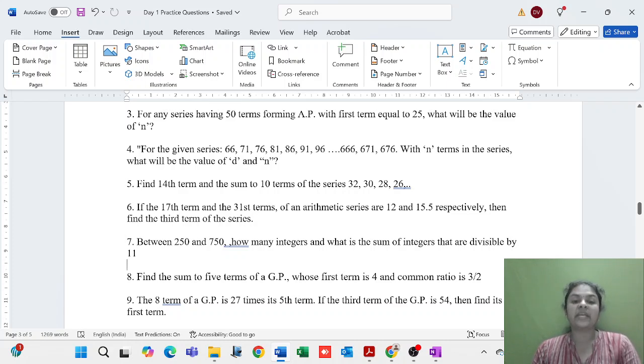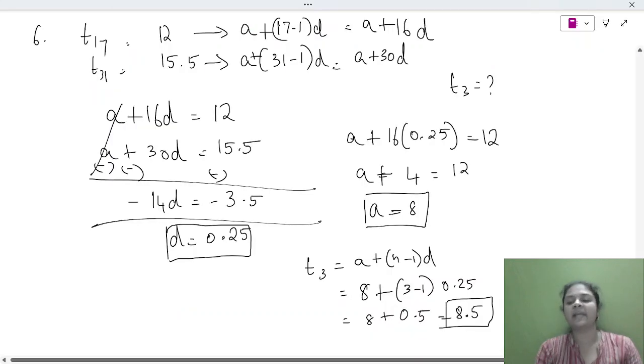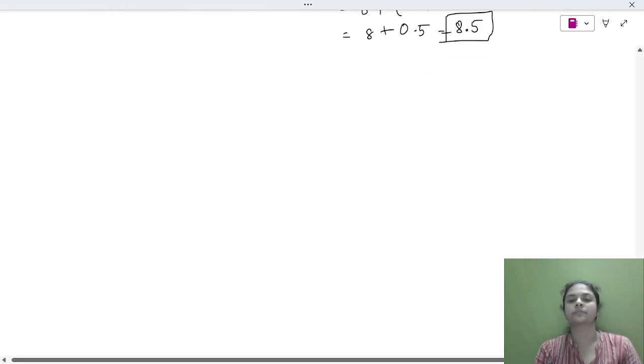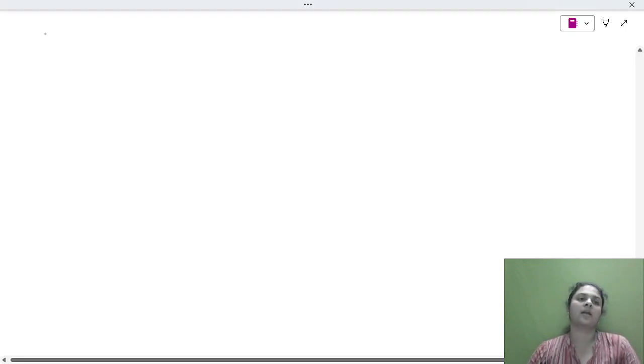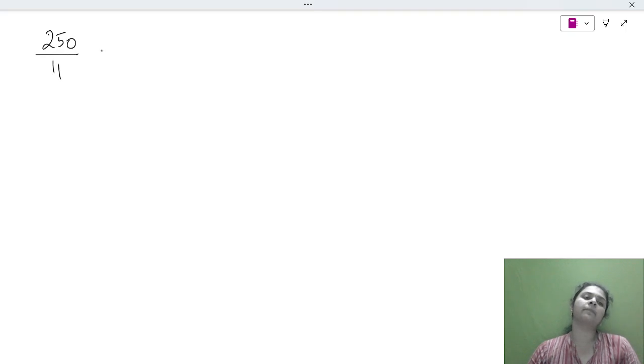Between 250 and 750, how many integers are there and what is the sum of integers that are divisible by 11? They are asking for divisible by 11. So, what does divisible by 11 mean? Taking the first number, say 250, divide 250 by 11.